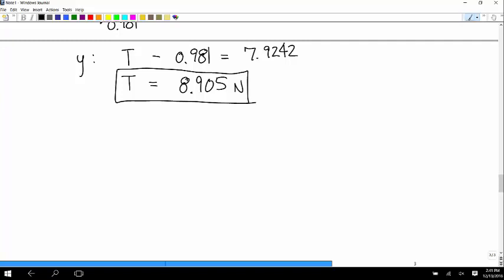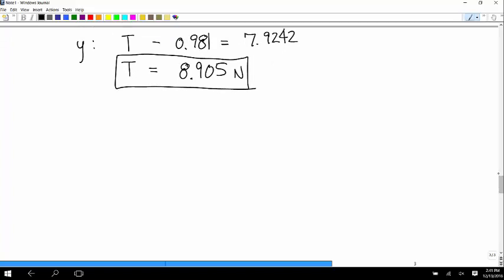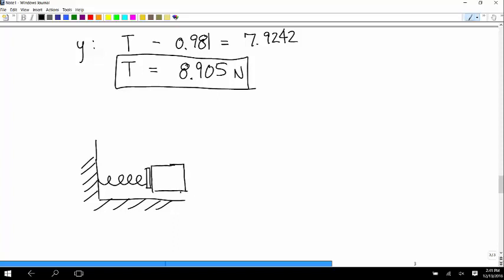Okay, let's do one with a spring. Let's say there's a spring here, and it's pressed against a mass, let's say this is 5 kilograms.